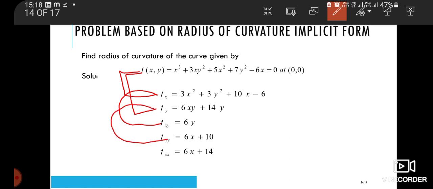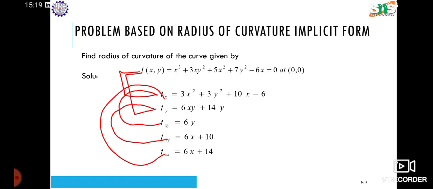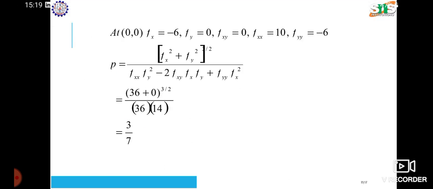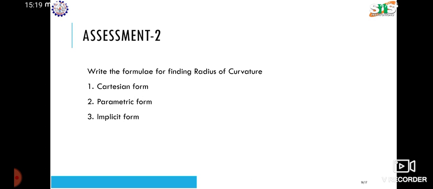Fxx means we differentiate the fx equation with respect to x. After differentiating all those, we substitute the value 0 comma 0. After substituting all these values, we get fx, fy, fxy, fxx, fyy. We substitute them in our formula. So this is the radius of curvature when we have the implicit form.